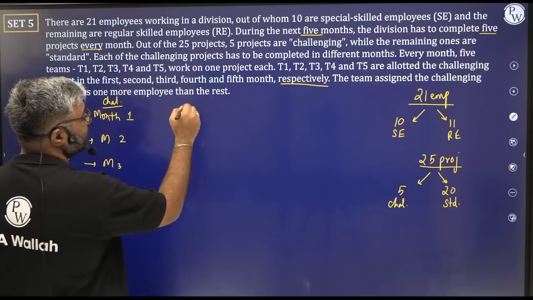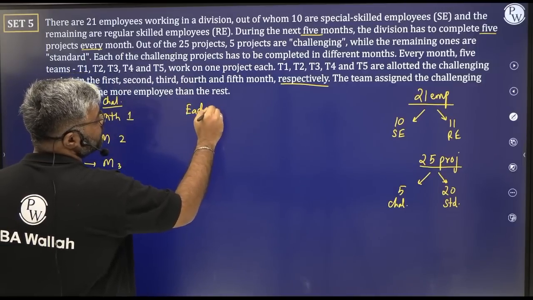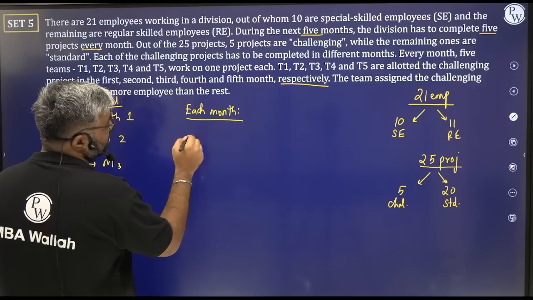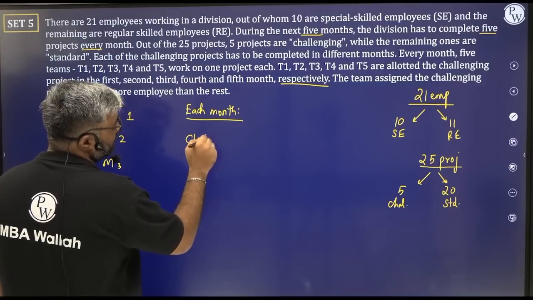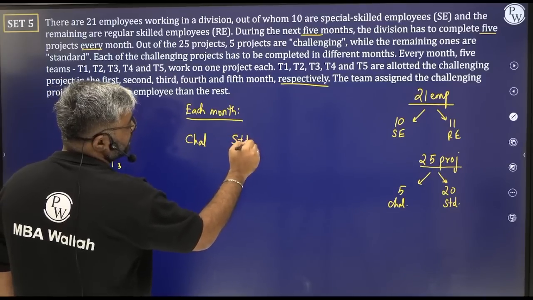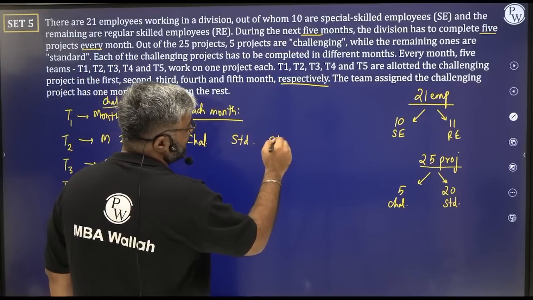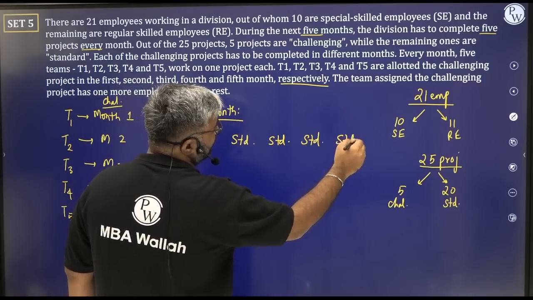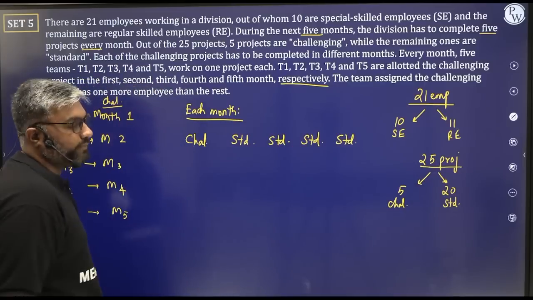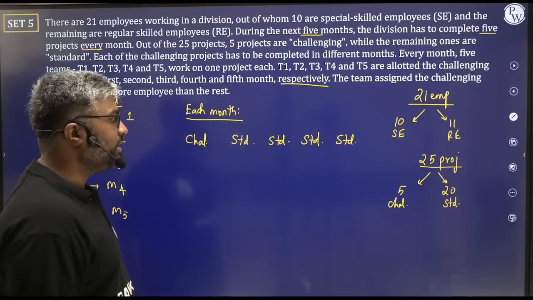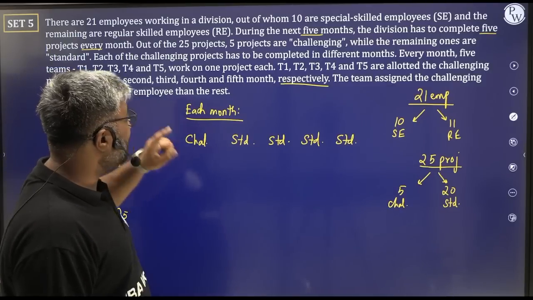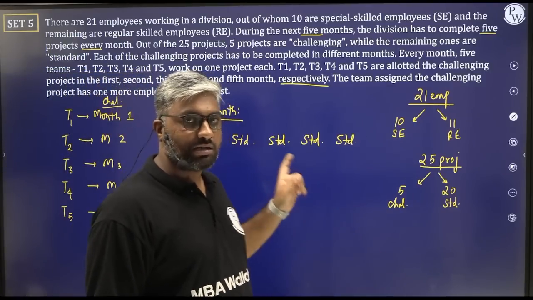So each month, what will we have? We will have 1 challenging project and 4 standard projects, correct? 1 challenging and 4 standard projects, depending upon who's doing it. Yes, 1, 2, 3, 4 and 1. Yeah, 1 challenging and 4 standard. They're saying the team assigned the challenging project has 1 more employee than the rest. This has 1 more employee.